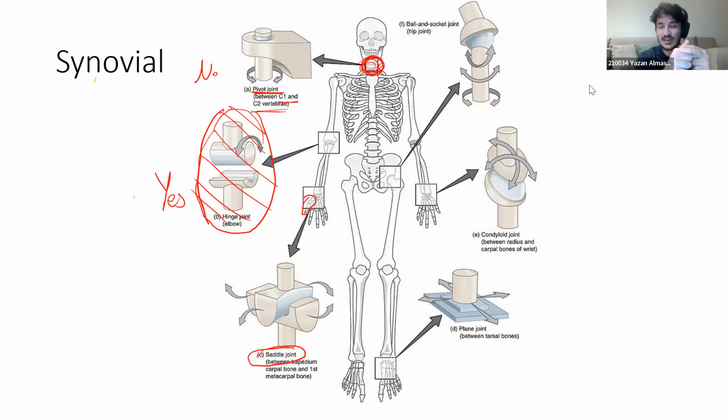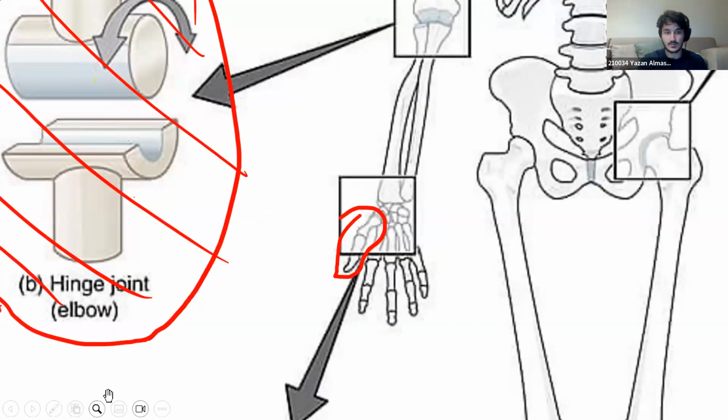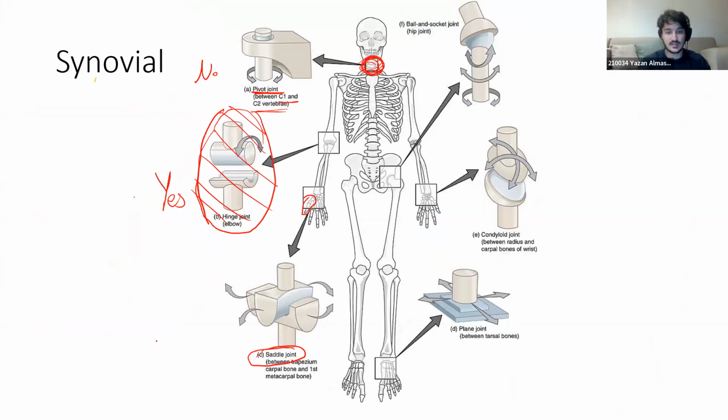It's not the same as, for example, moving your shoulder. There is a little bit of restriction in that movement. So if you want to think about the saddle joint, think of the thumb.